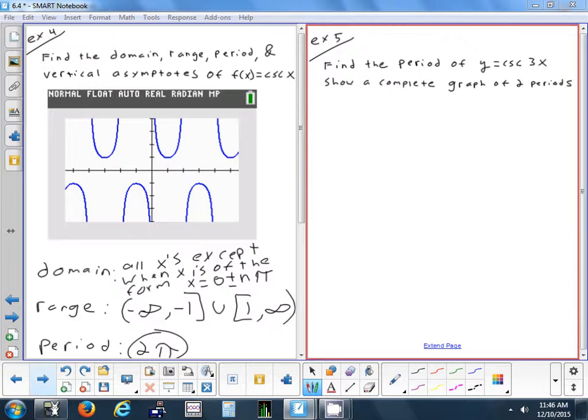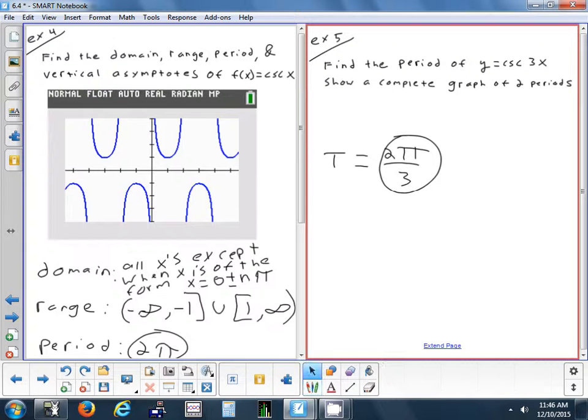All right, let's see. Find the period, and then we're just going to write down a window that shows 2 complete periods. Do I use 2 pi over b or pi over b? 2 pi. 2 pi over b. Okay, well, that's half the question. Find the period. And now cosecant. All right. Let's find our first asymptote.